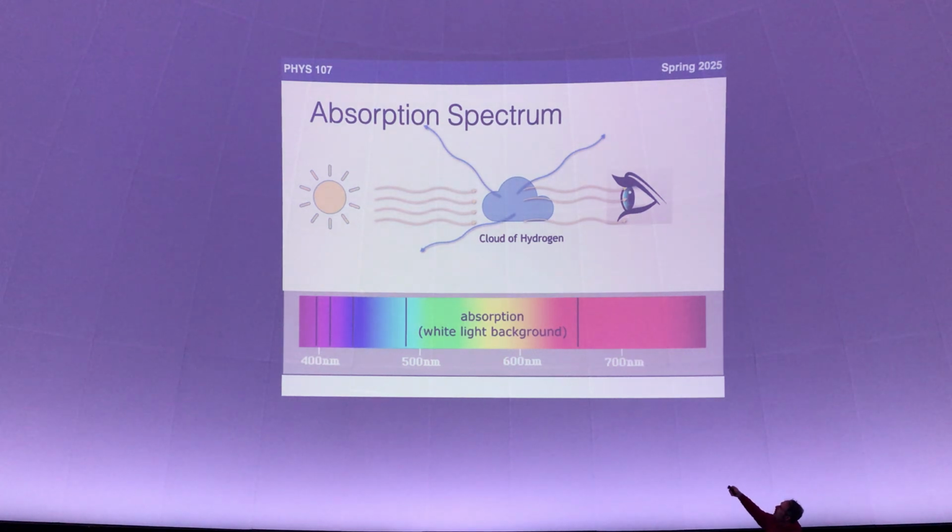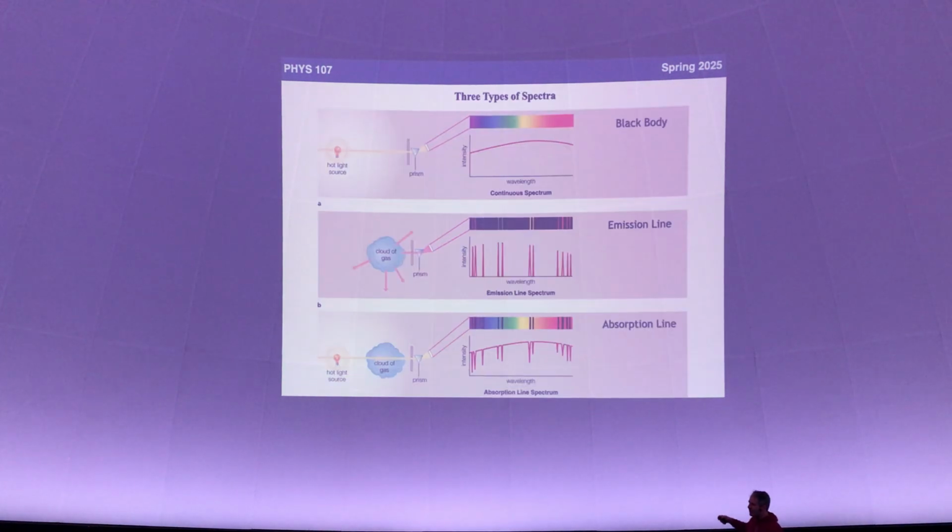So not all the light makes it directly to us, right? It gets absorbed and then re-radiated in a different direction. So if there's a bright source behind and a cloud in front, and you want to know what that atmosphere is made of, you start seeing absorption features. Okay? So these are the 2 things that can happen.